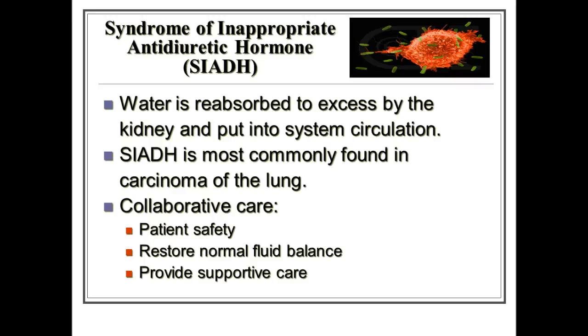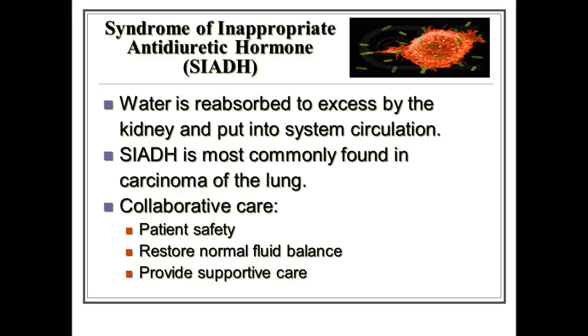Syndrome of inappropriate antidiuretic hormone, where the water is reabsorbed to excess by the kidney and put into the systemic circulation. It's most commonly found in carcinoma of the lung. And basically, we've talked about that before.